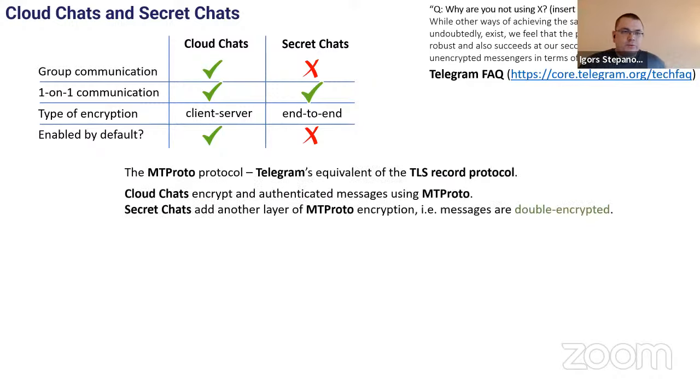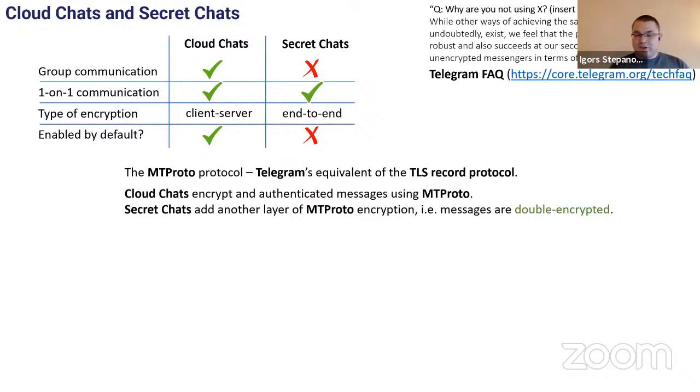In order to provide this encryption, Telegram has invented its own MTProto protocol. It is Telegram's equivalent of the TLS protocol. In cloud chats, Telegram uses the MTProto protocol to encrypt and authenticate messages from the client to the server, and then from the server to the other clients.